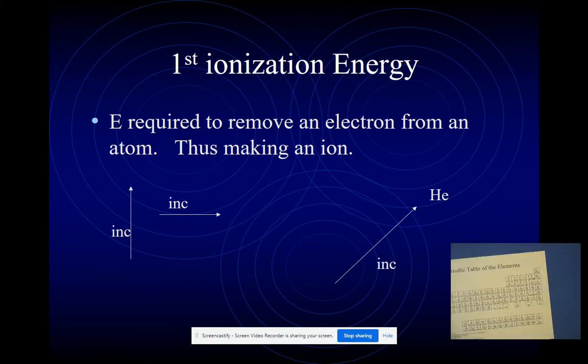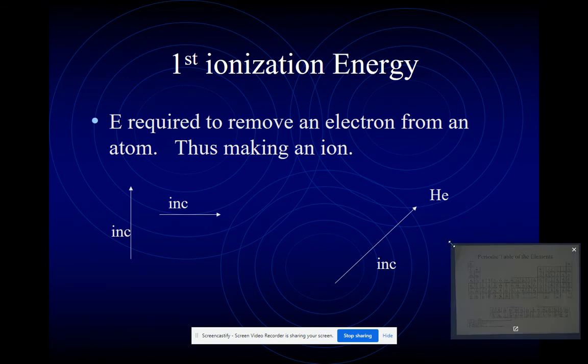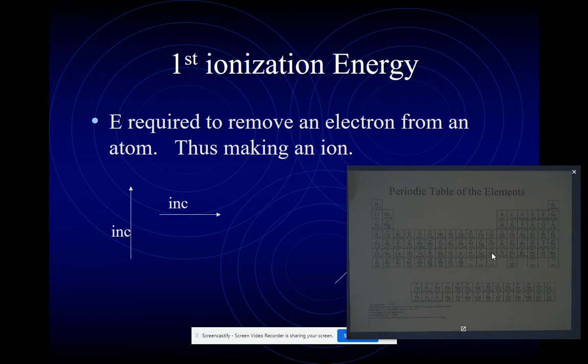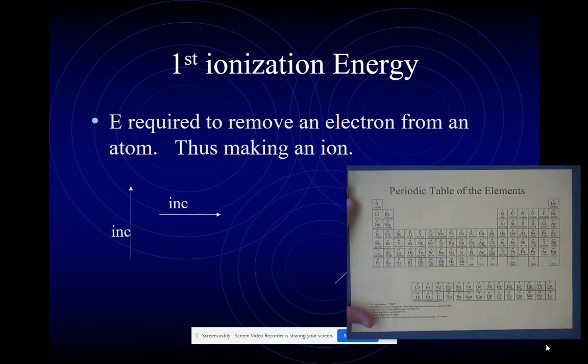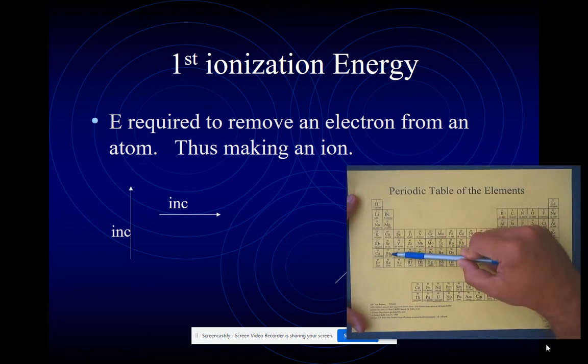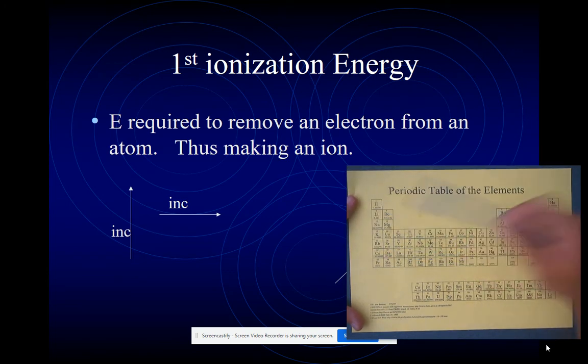Potential questions on the quiz will be, which element has a higher first ionization energy? Beryllium up here or barium down here? Well, ionization energy increases as we go up the periodic table, so beryllium is higher, barium's lower.